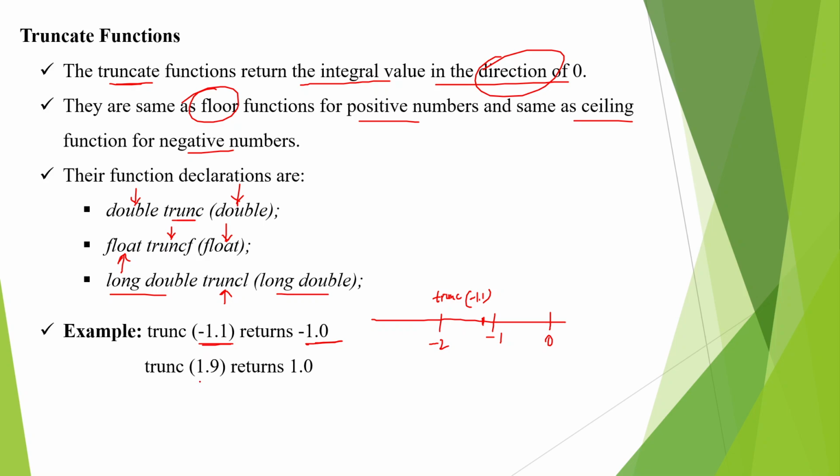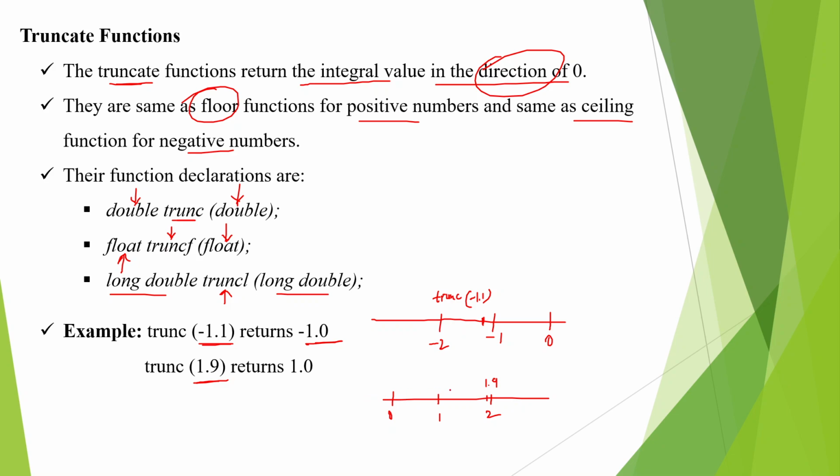So that's the reason we are getting minus 1 as output here. Then take the positive side. Input is 1.9. On the number line, take this as 0, this as 1, this as 2, then 1.9 goes here. To identify the value using trunc, we need to move in the direction of zero.